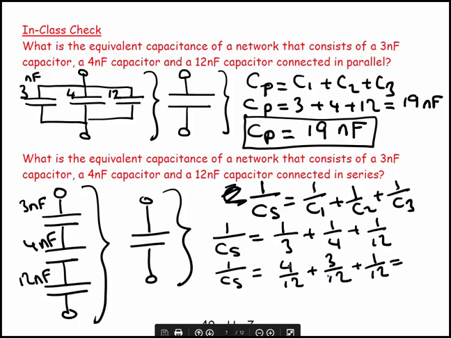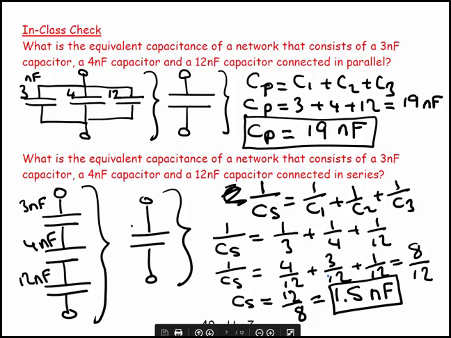This equals 4 and 3 makes 7 and 1 makes 8. 8 over 12. And a whole bunch of people will give me that as the answer, because they're not thinking in terms of whole equations. I look at this and I go, oh, so C series is equal to 12 over 8, which equals 1.5 nanofarads.